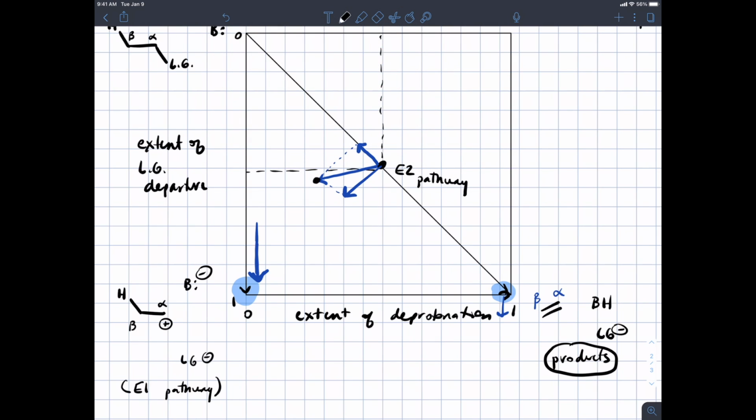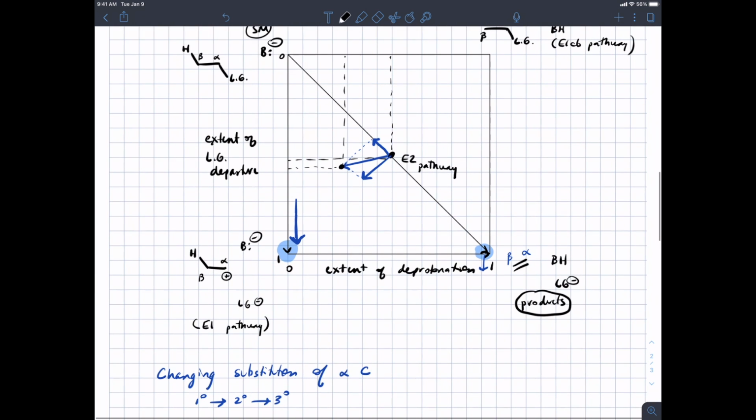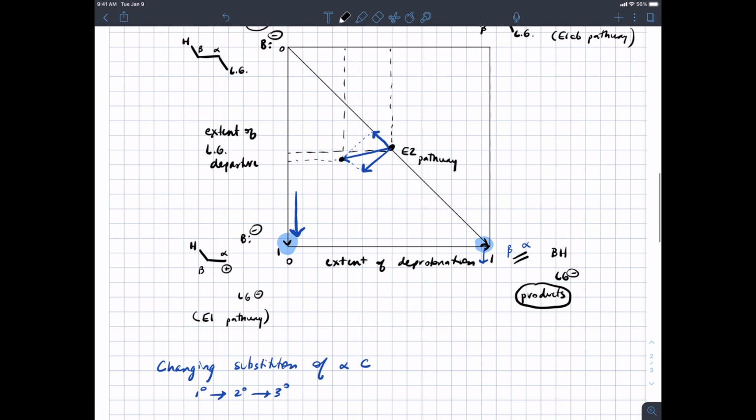Can you describe how that transition state might have changed in terms of extent of deprotonation and extent of leaving group departure? Okay, so less deprotonation. What else?